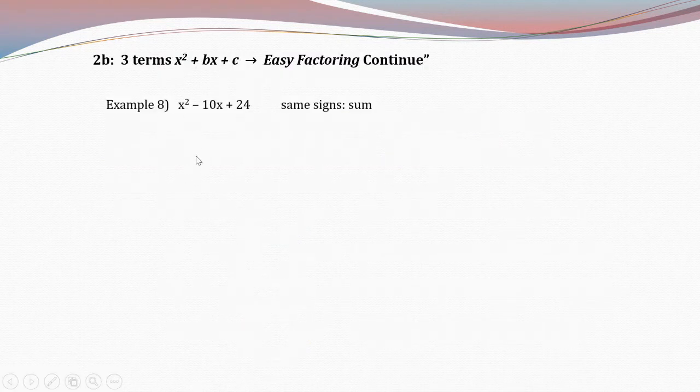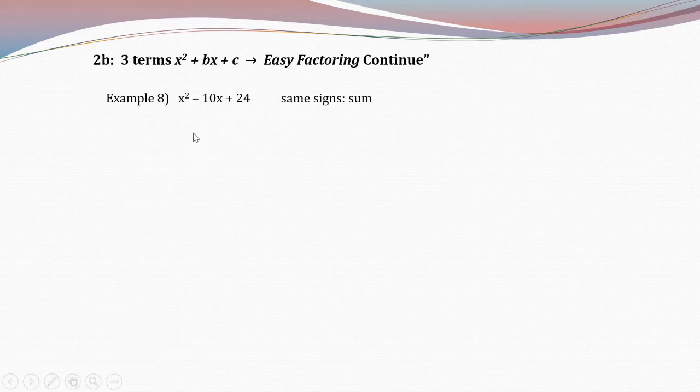Okay, now I'm going to factor those 4 examples here, one in each slide. So example number 8. We know that the signs are going to be the same, so this sign, you always bring it down. They're both going to be minus. Now we're going to get the factors of 24.